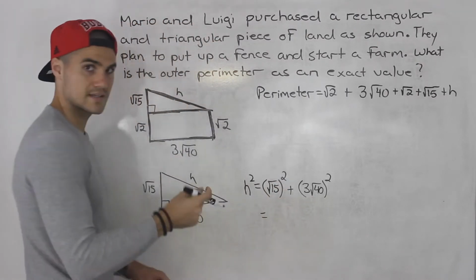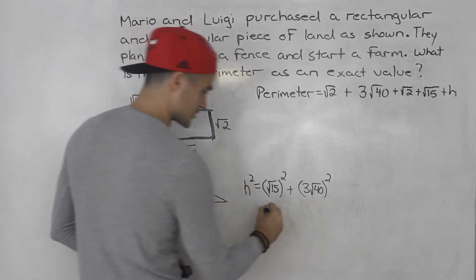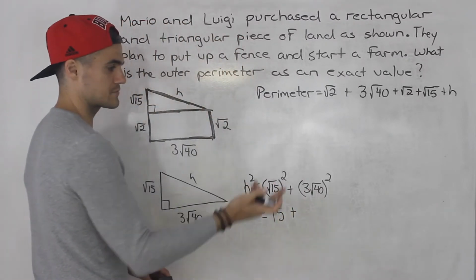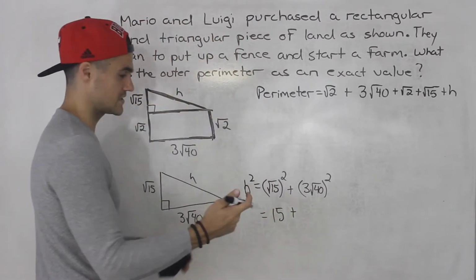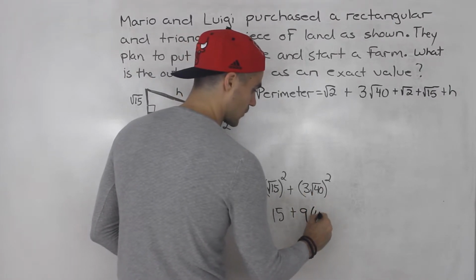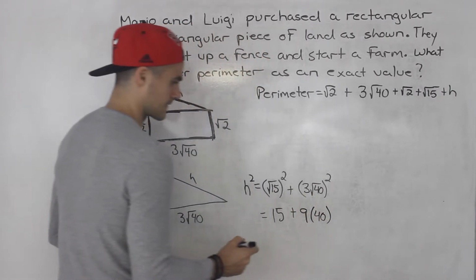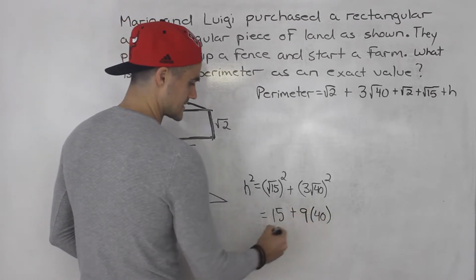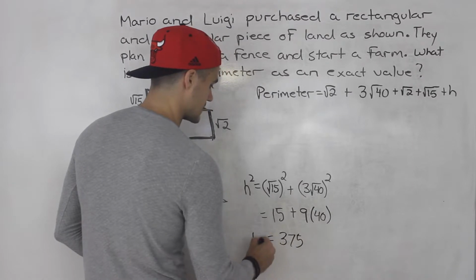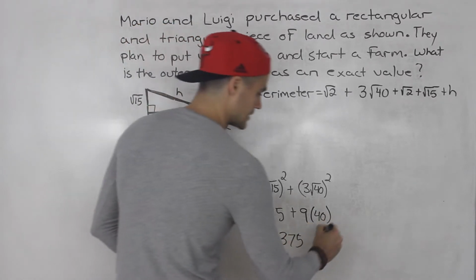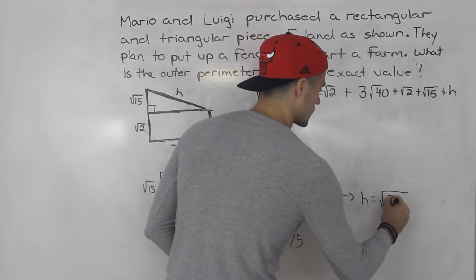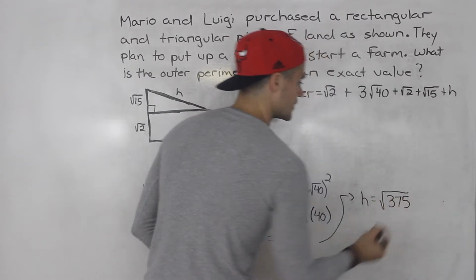Now root 15 squared, that's root 15 times root 15, which is just 15. What's 3 root 40 times 3 root 40? You multiply the 3's together, so that's 9, and then root 40 times root 40 is just 40. So this would be 360, and then this would be 375. That's h squared, so h is equal to the square root of 375.